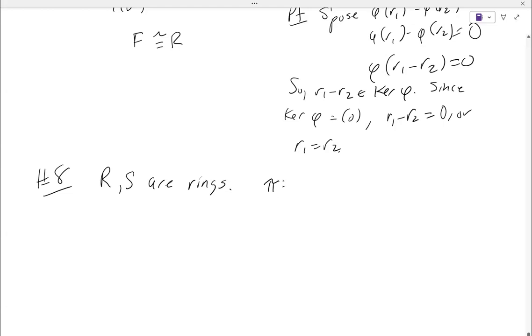We'll use pi, which maps R cross S to R by pi of (r, s) is r. First thing it asks is, what is the kernel of pi?